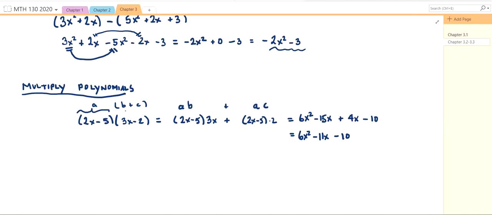Now, we could do this another way that you might find easier to mess around with. What I can do is start here and distribute like this.